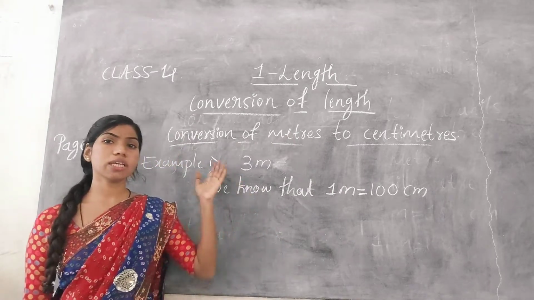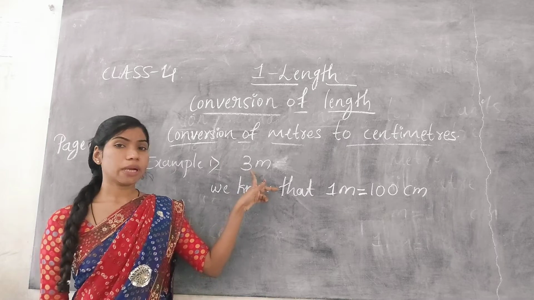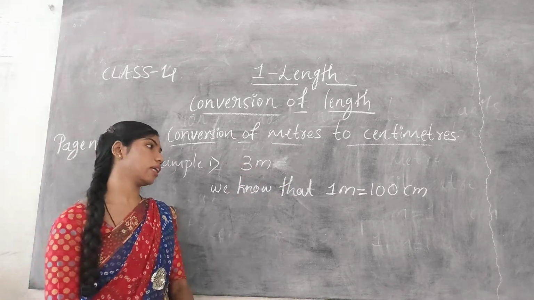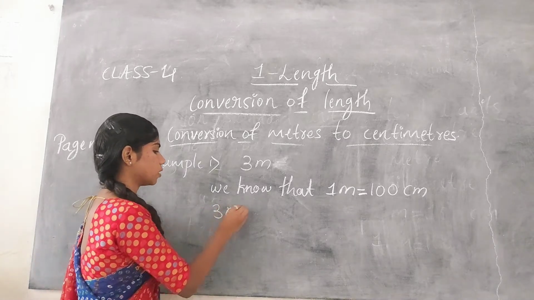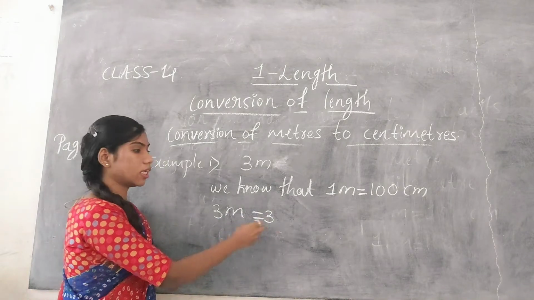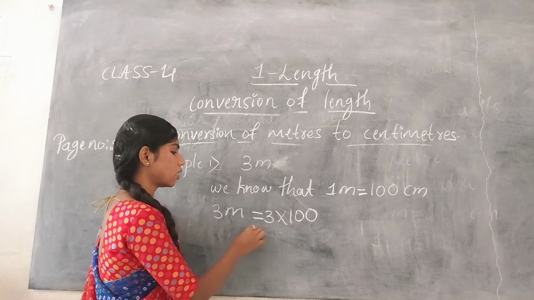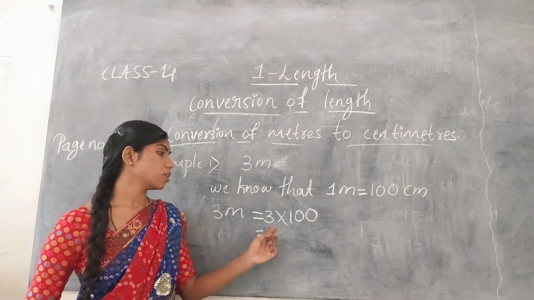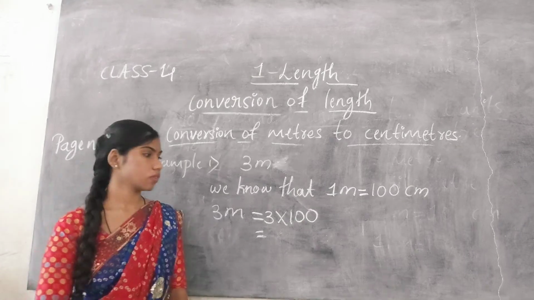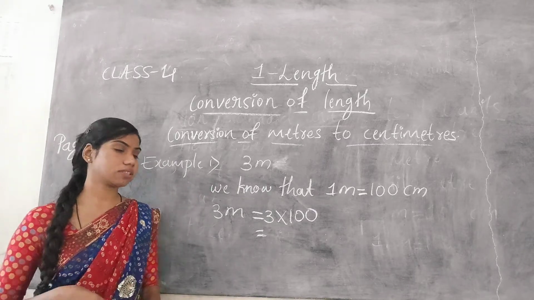So to convert the meter into centimeters, we need to multiply the meter number by 100. So the meter number is 3. Multiply 3 by 100. If you multiply 3 by 100, what will we get? We have already learned multiplication tricks.